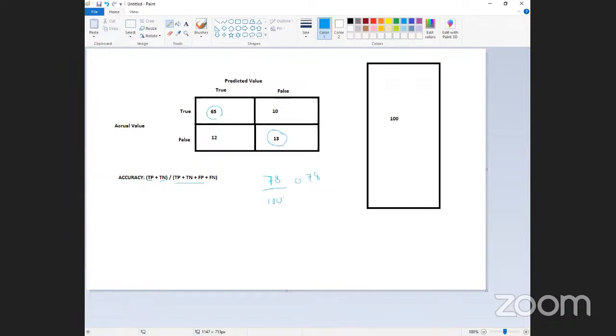Then precision usually measures the proportion of correctly predicted positive instances out of the instances predicted as positive. That means this one.